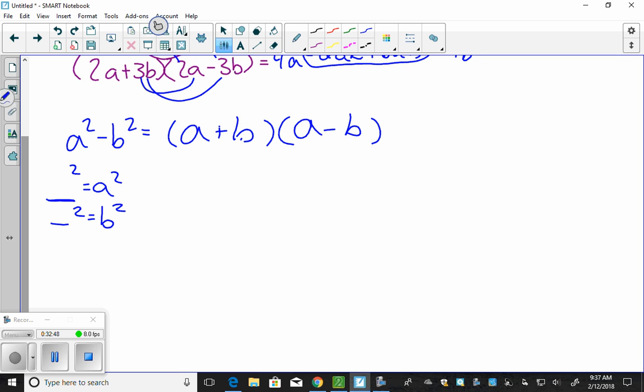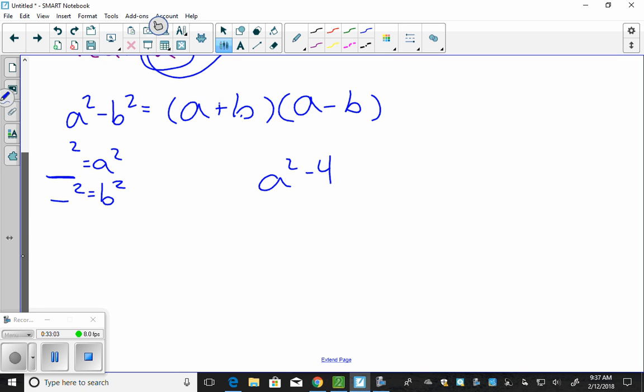Okay, so let's look at an example. Our example says a squared minus 4. This is problem 1. It's a difference of squares. When you have a difference of squares, you can automatically write these parentheses, two parentheses with opposite signs in the middle. Notice how this time I did a minus plus.